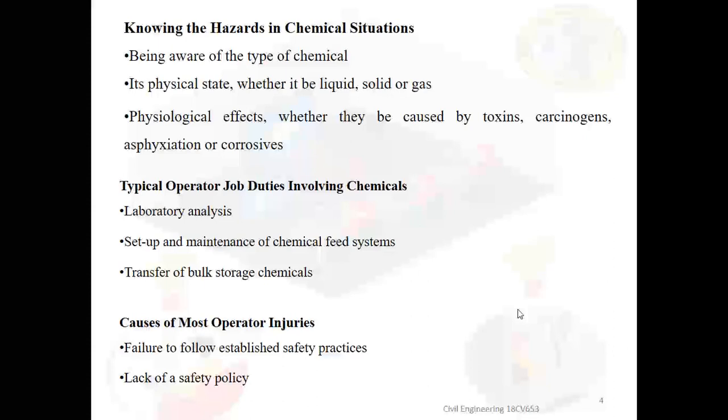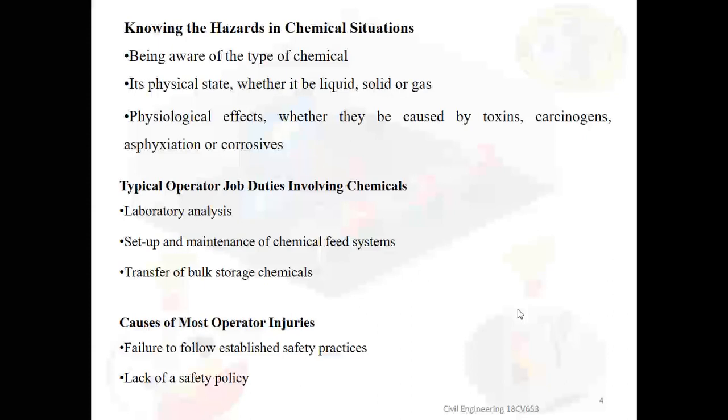Knowing the hazards of chemical situations, we should be aware. Being aware of the type of chemicals, its physical state, whether it will be liquid, solid, or gas. Physiological effect, whether they are caused by toxins, asphyxiants, or corrosives.